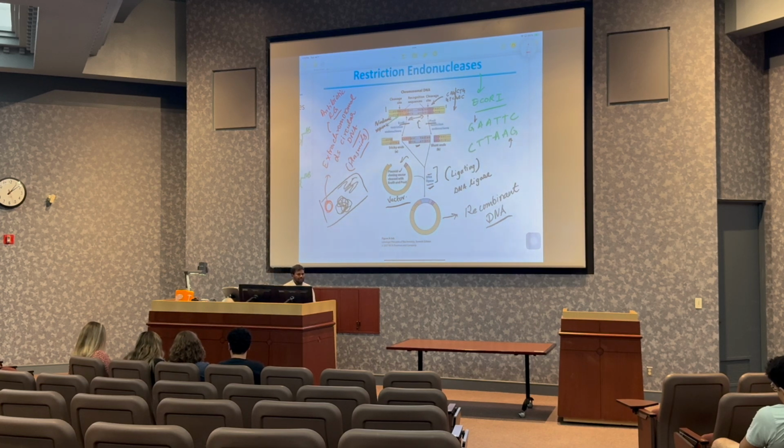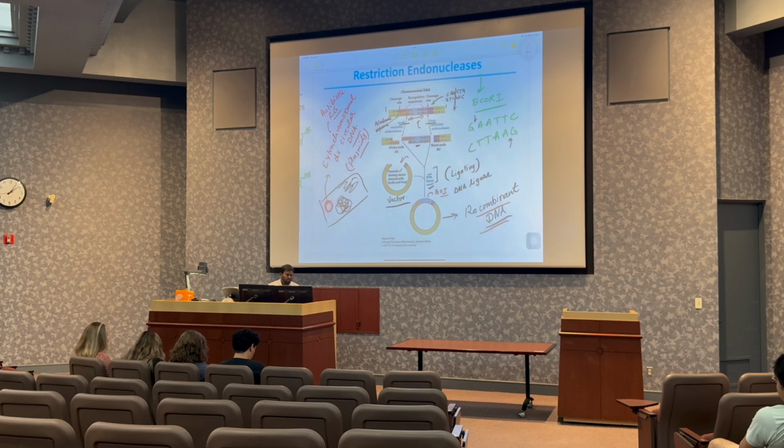Why are we telling all this story? Because it will definitely make sense when we go ahead with the lecture. So this vector now has the gene of interest. This is GOI, which is gene of interest, and we have a recombinant DNA available for the next steps.